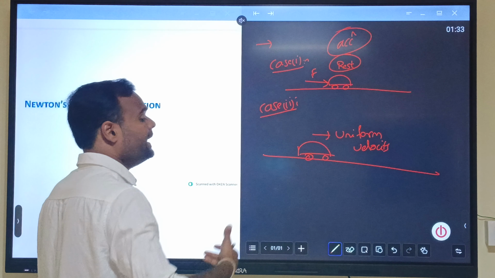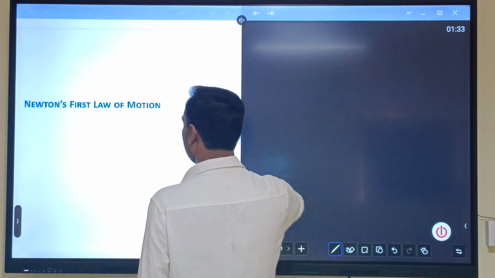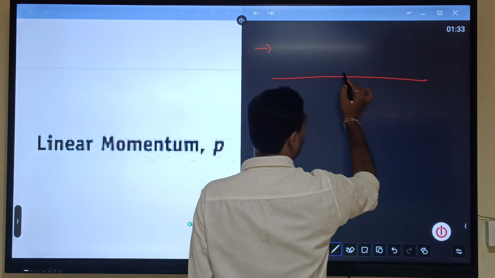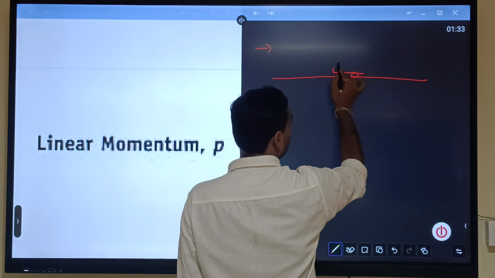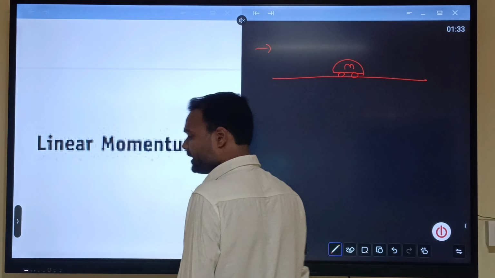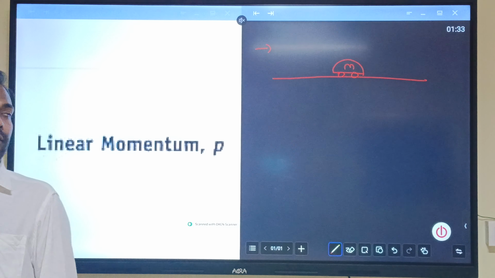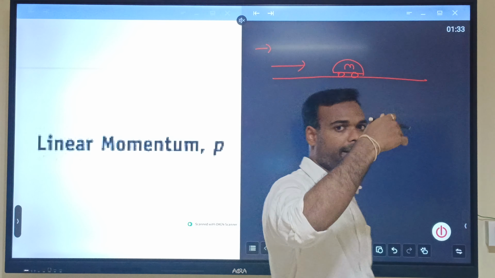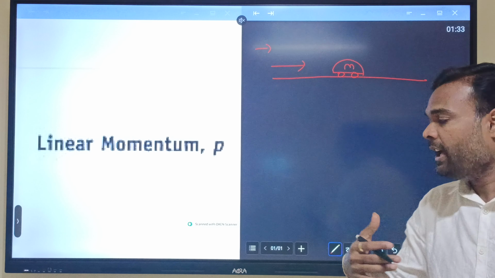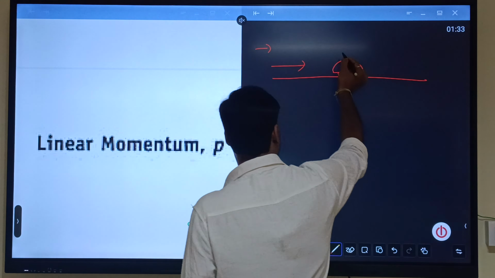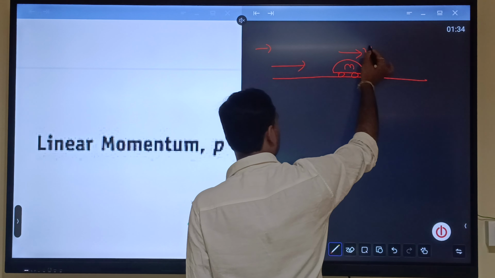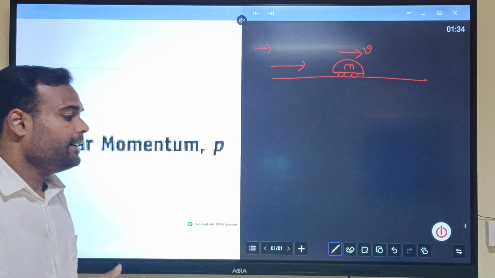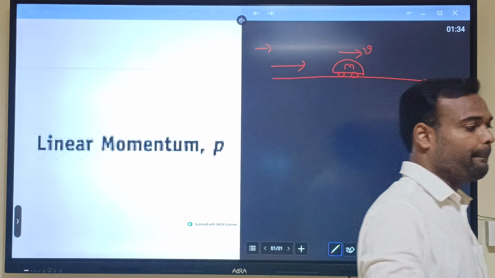Now, the second point is, see here, as I told you, here a mass m, an object, is present, right? For this object, some external agency like energy or force is acting on the object. As these are acting on the object, this object will attain a certain amount of velocity, the velocity attained by the mass m.